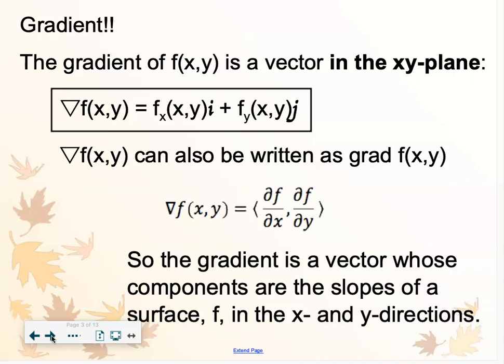Nabla. There you go. Okay, so called the Nabla symbol. So Nabla of f of x, y. Except we don't say Nabla, we say gradient, right? And some sources actually write grad of f of x, y. It's another way to write it, but you'll see the upside down triangle almost everywhere.